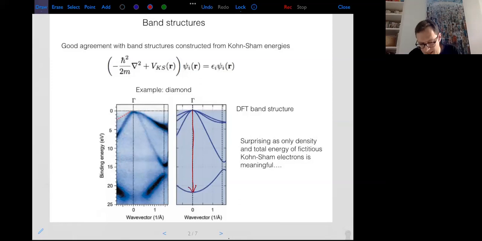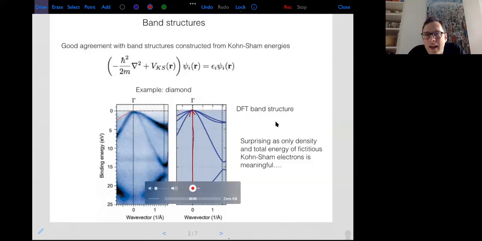Again, that's something that's underestimated by a couple of electron volts in DFT. So DFT fails if you want a quantitatively accurate value for the band gap, and to make the agreement look nice between theory and experiment, they stretch the band structure empirically.